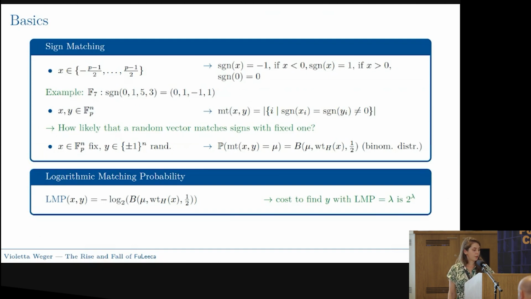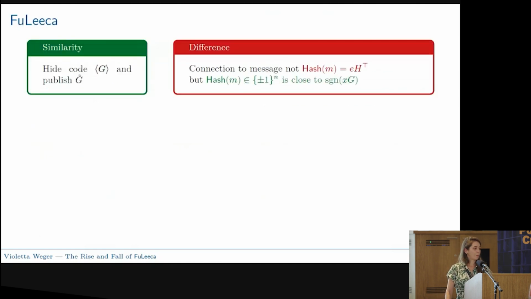And then we can define with this the LMP, the logarithmic matching probability, which is -log2 of that probability. This means nothing else than that when an attacker tries to find for our fixed x some y which has LMP equal to lambda, it has a cost of 2 to the lambda. That's all it is.